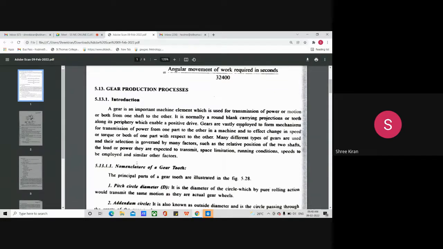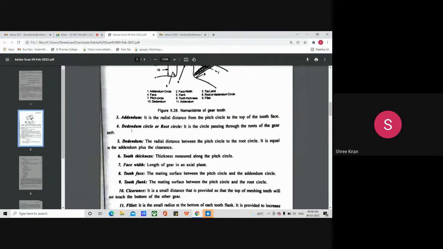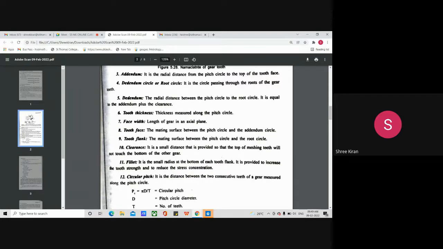We have already mentioned the nomenclature of a tooth. The principal parts of a gear tooth are the pitch circle diameter, addendum circle, dedendum circle, tooth thickness, face width, tooth face, tooth flank, clearance, fillet, circular pitch, diametral pitch, and the module.